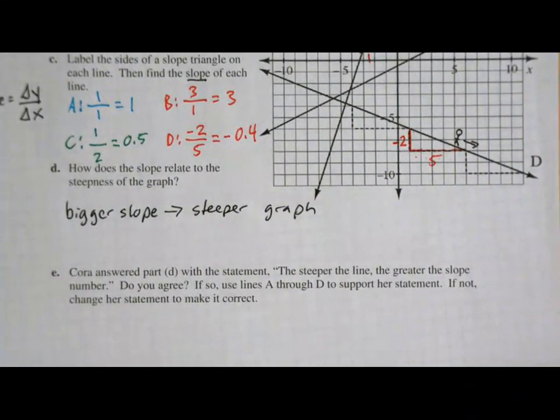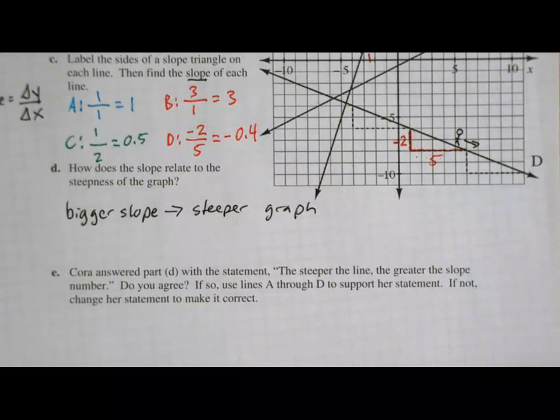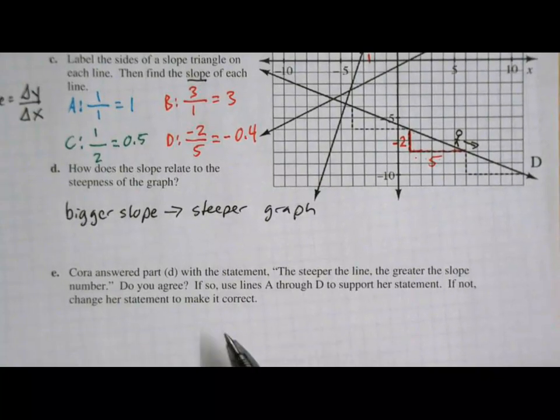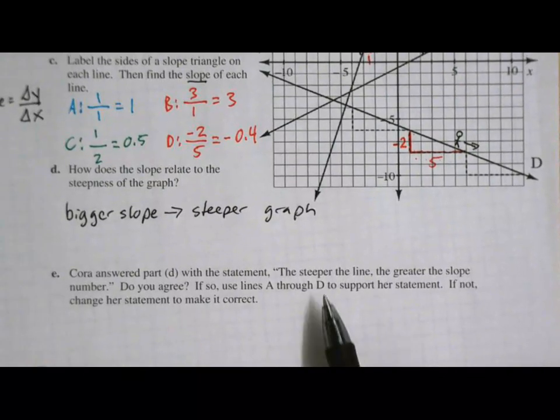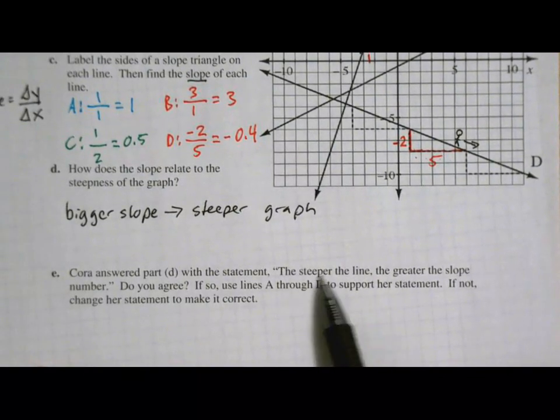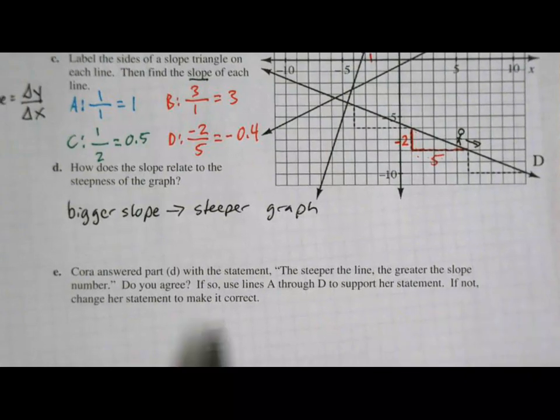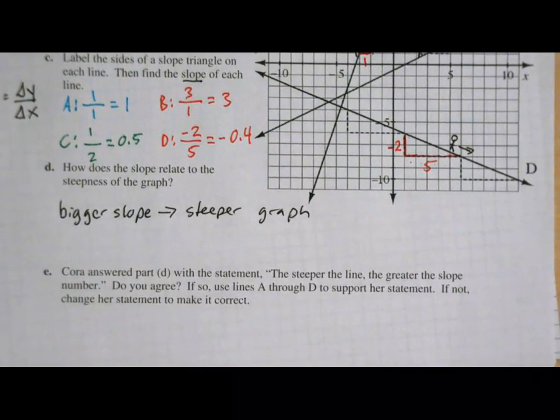Cora answered part D with the statement, the steeper the line, the greater the slope number. Do you agree? And then it tells us to look at lines A through D to support. This is making me believe that maybe our answer wasn't correct. I'm not sure because we sort of had the same answer. The steeper the line, the greater the slope number. That's the same thing we've got here, just backwards.